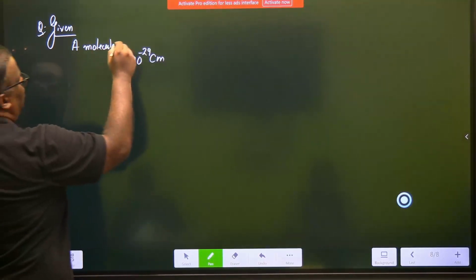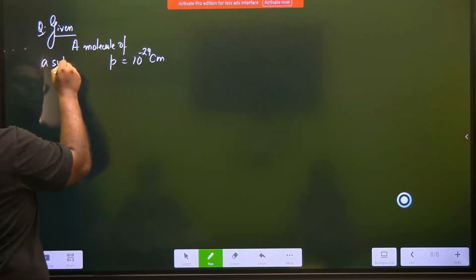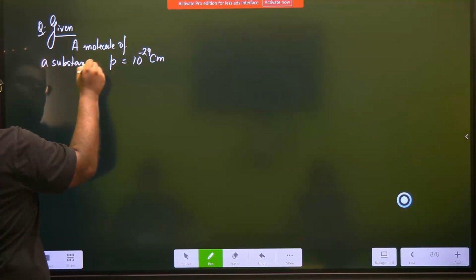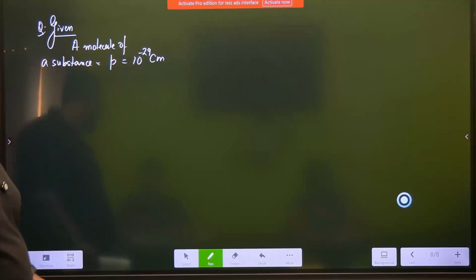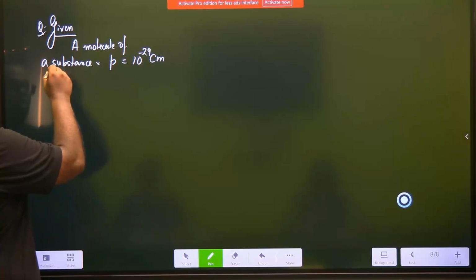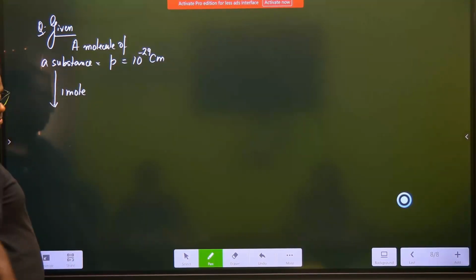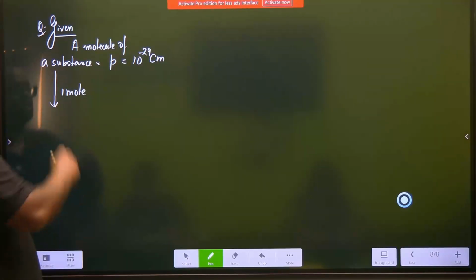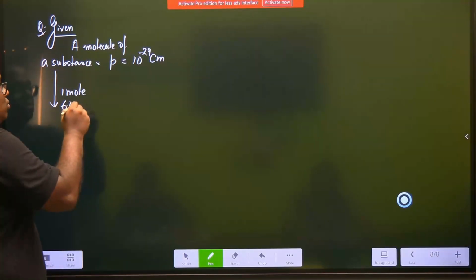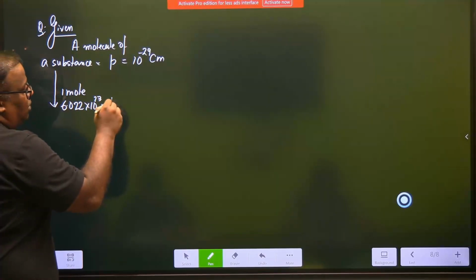A molecule of a substance. Children, is this understood? This is a molecule of a substance which has a dipole moment of this much. Then from this substance, we picked up 1 mole. 1 mole means how much did you pick up? 6.022 into 10 to the power 23 molecules you picked up.